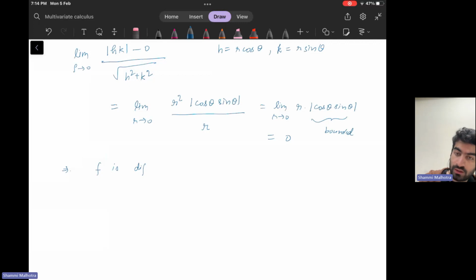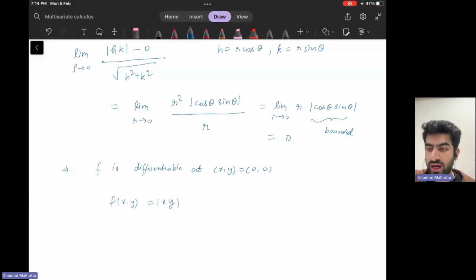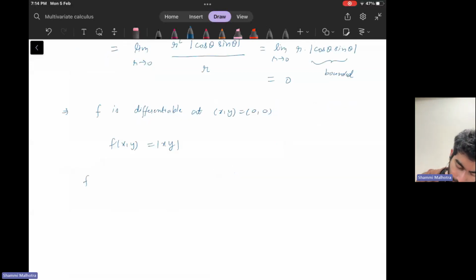And what was our function? Our function was given as mod xy. And you see a very dramatic change when we move from one dimension to higher dimension. We see that the function f1(x) given as mod x is not differentiable at x equal to 0.